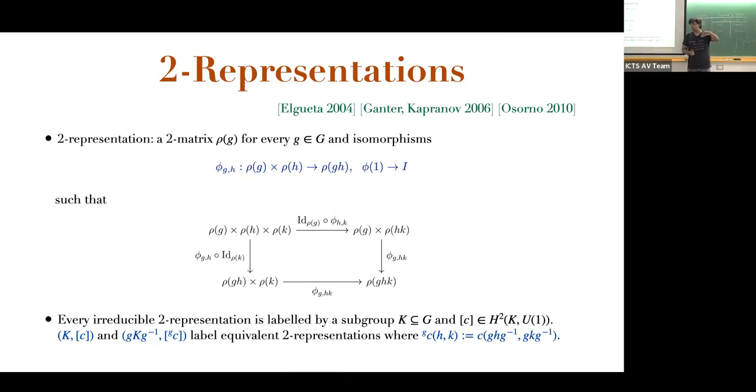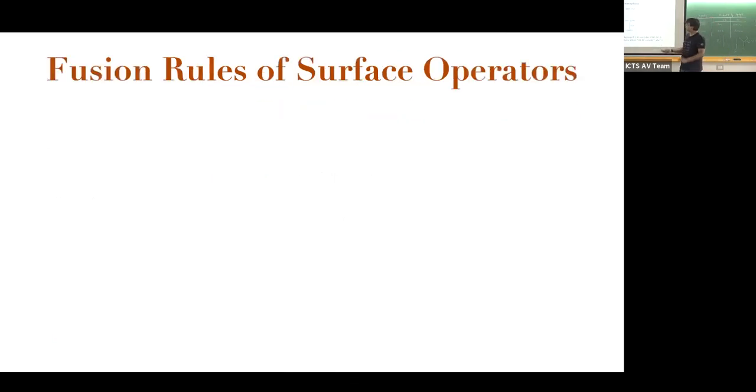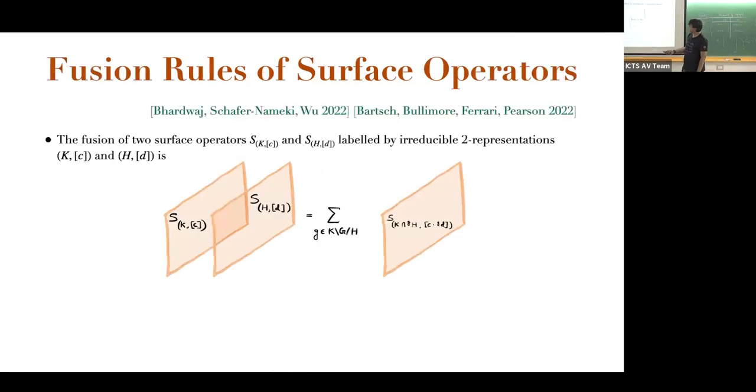I mean, this requires proving that the surface operator fusion is the same as this. That has been done. So the point is that the fusion of surface operators also has a representation-theoretic origin. And we can actually explicitly write down what the fusion is. If we have two surfaces, we can bring them together in parallel, and the fusion of two surfaces gives you a sum of surfaces depending on some data.